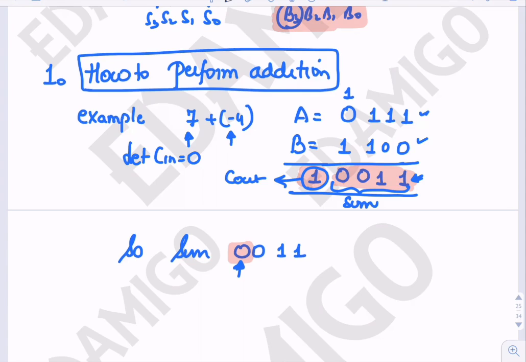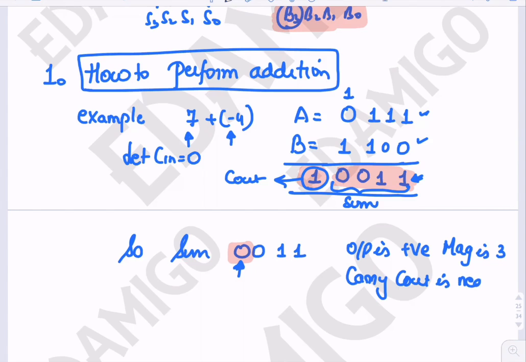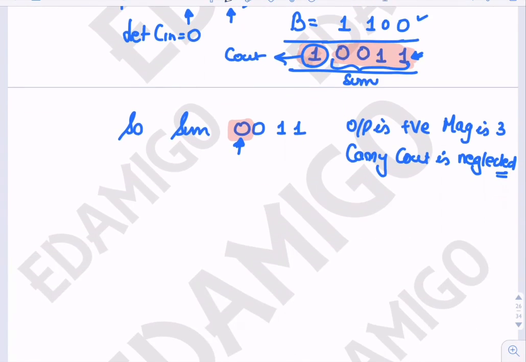The sum has the MSB equal to 0, that is the sign bit of the output is 0, so the output is positive, the magnitude is 3, and the carry bit Cout is neglected. Is it okay? Now let's look at another example.